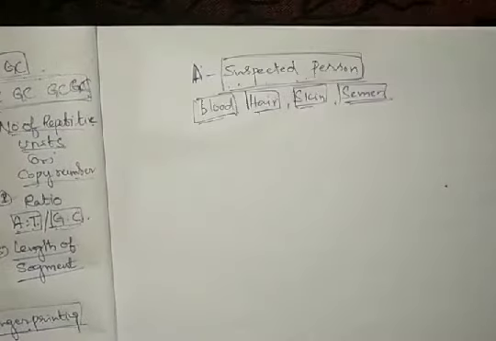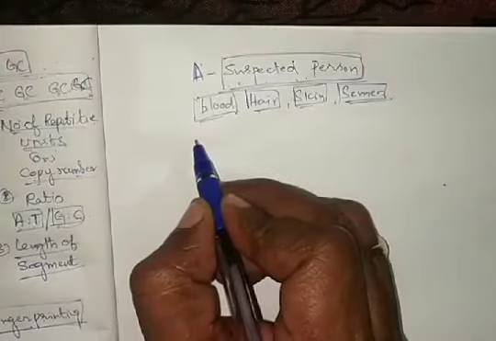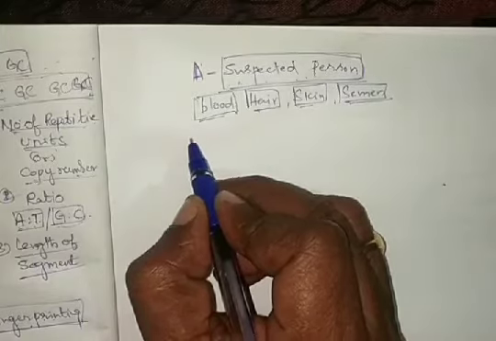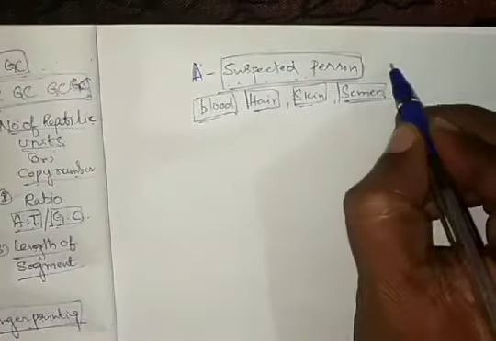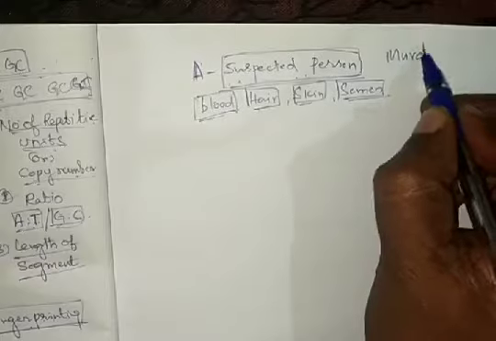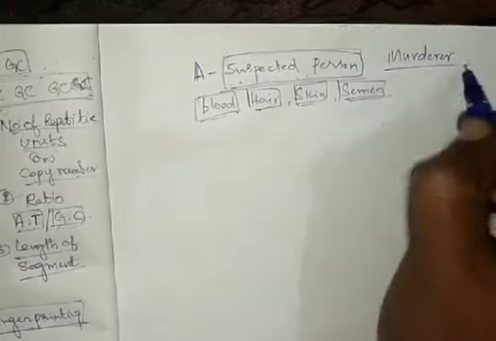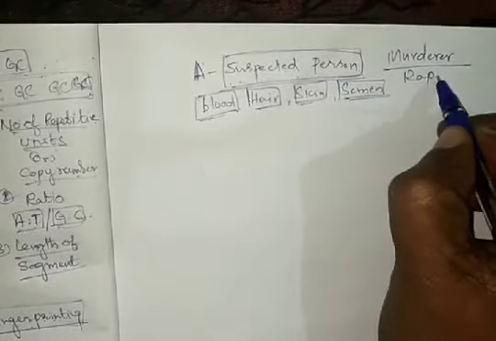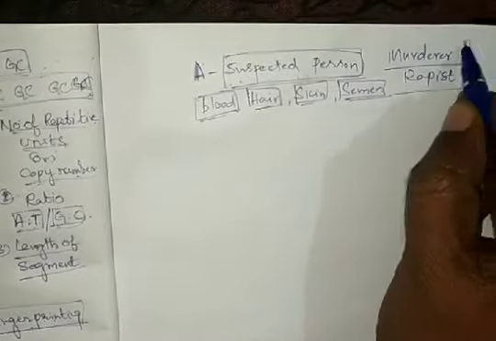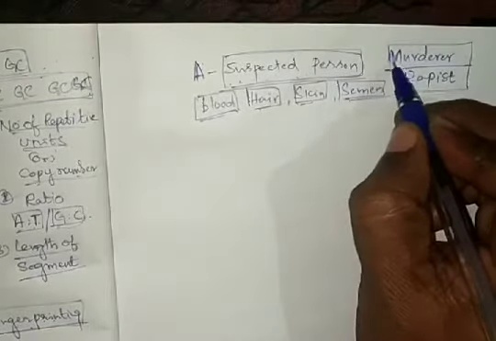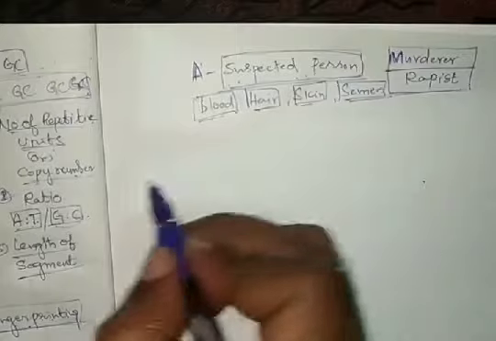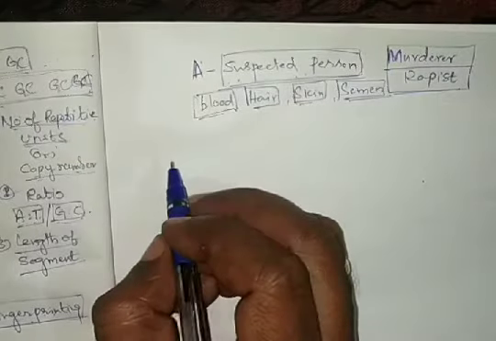This DNA fingerprinting is used to find a murderer or rapist. Criminals can be detected by using DNA fingerprinting.